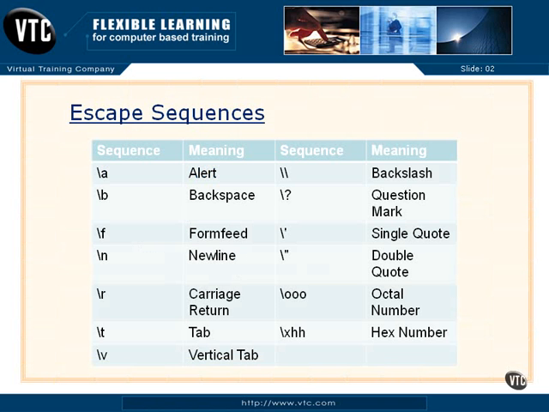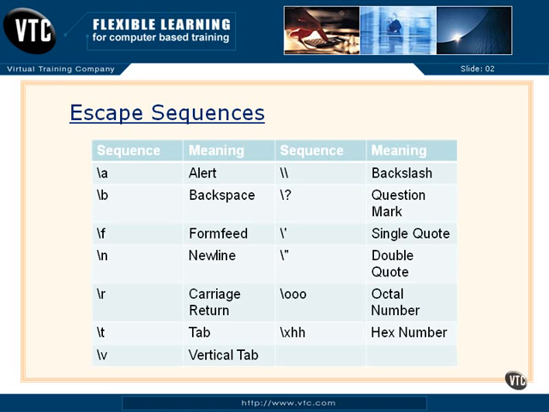Here's a bunch of escape sequences that are generally used in constants or sometimes in string constants. You've already used one of them. Notice the backslash A, that's for alert, and there's backspace and form feed and all sorts of other things. You've already used the backslash N for new line.